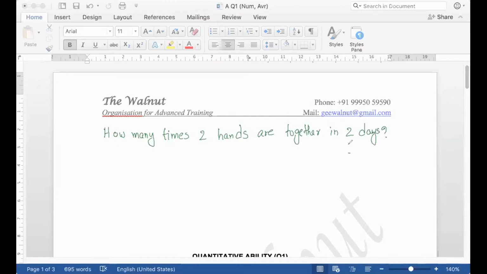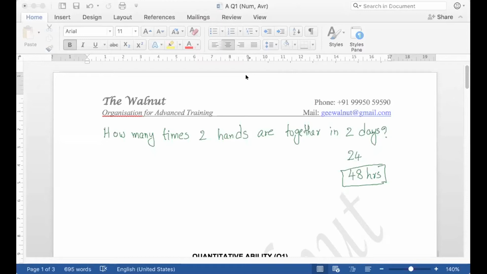Well, we know that 1 day is 24 hours, 2 days of time means it's 48 hours. So in 48 hours, how many times are these two hands together? That's the question. Well, I see the answer from Sujitra, from Elizabeth, from Rintu, Saumya. Anybody else? In this case, what type of clock?